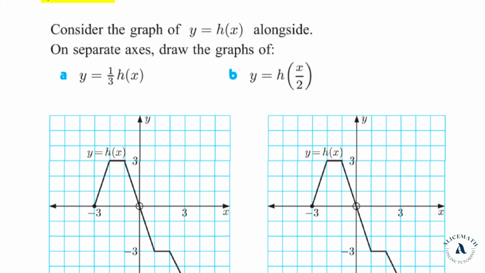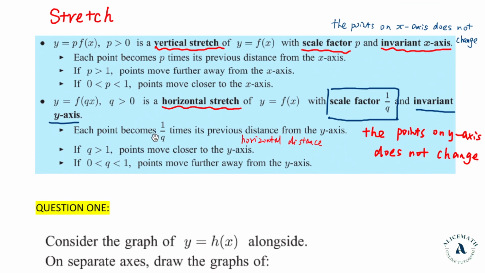First, we need to know the scale factor for each stretch and what type of stretch it is. According to the definition, if y can be written as p times f(x), it is a vertical stretch, and the scale factor is the coefficient of f(x).